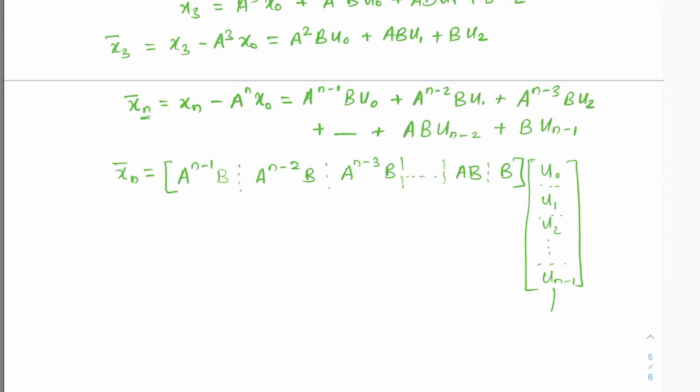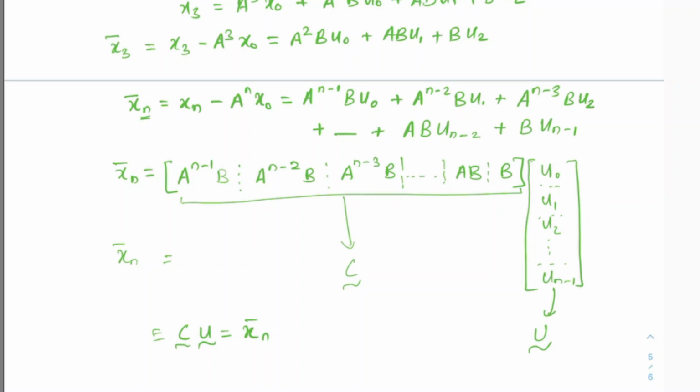Let's denote this vector as capital U, and let's denote this entire matrix as C. This x bar n we already know. So we can write C U equals x bar n.